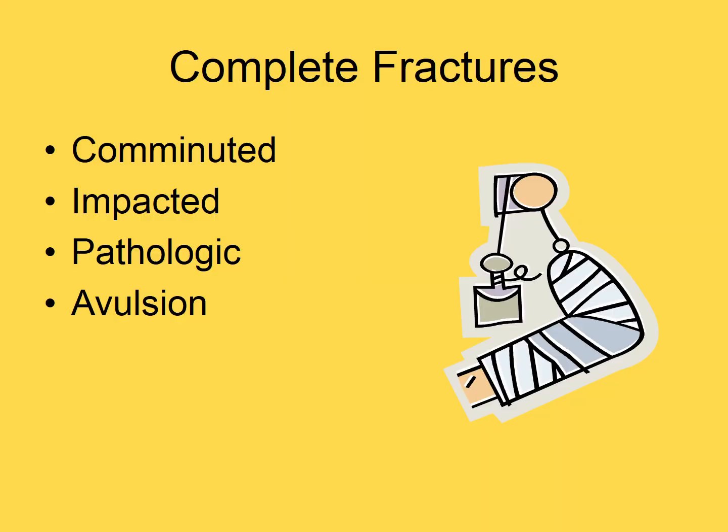Comminuted fractures are where the bone is pretty much crushed, with three or more fragments. So the bone breaks into multiple fragments, right? Versus impacted, where the bone fragments are pushed into each other. You have pathological fractures.